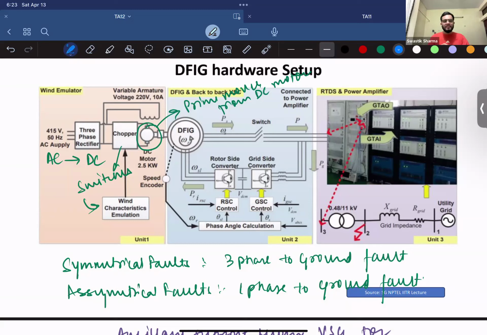Why is it called a double fed induction generator? It's because apart from having connections on the stator grid, the double fed induction generator also has connections on the rotor side.